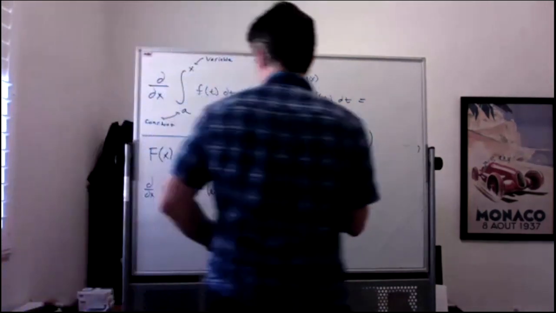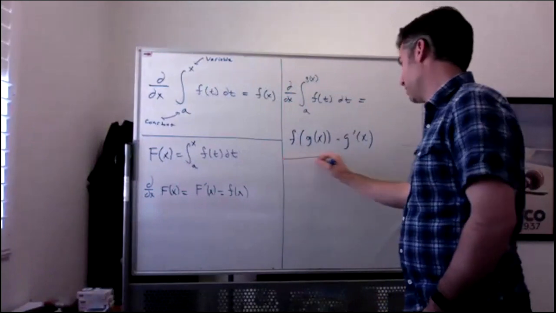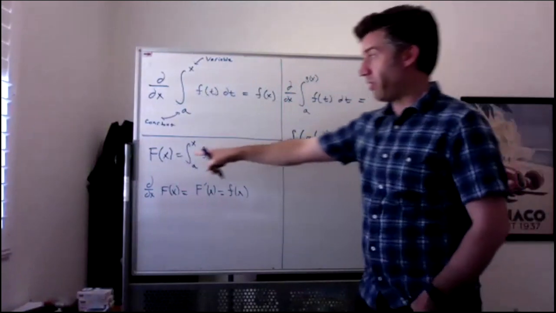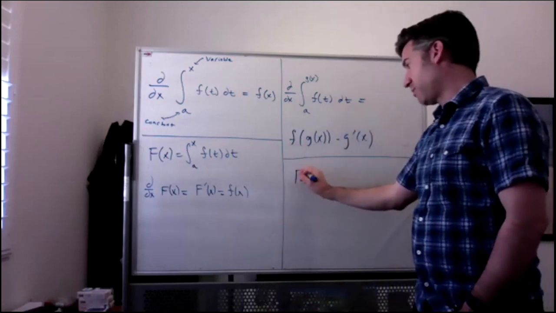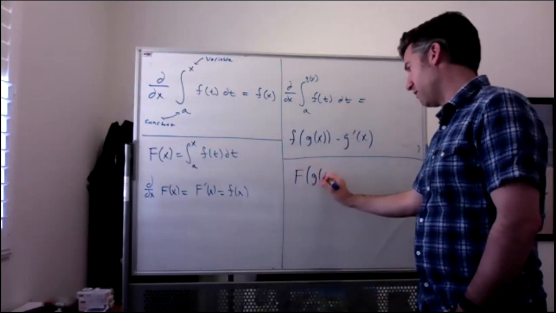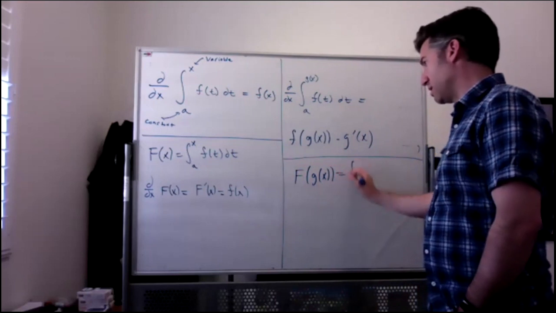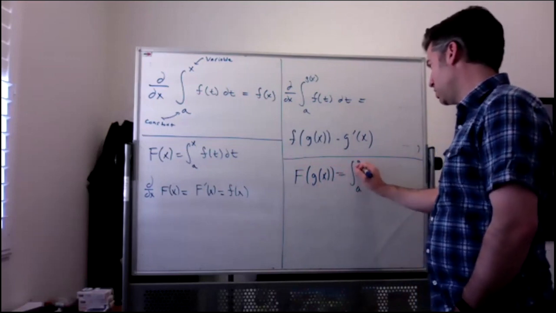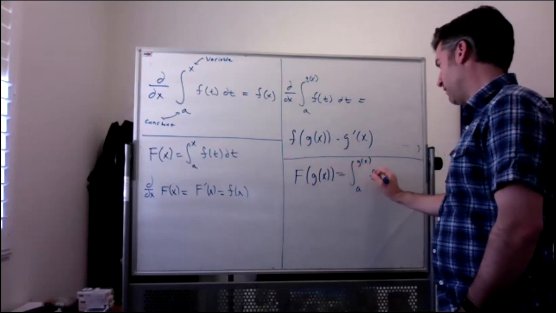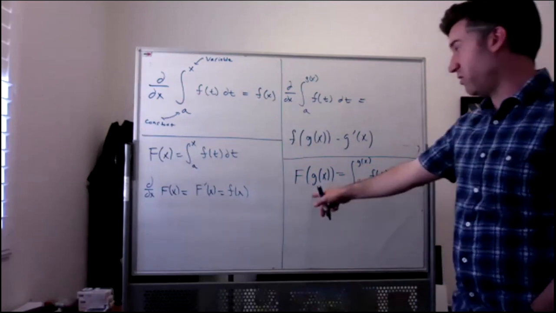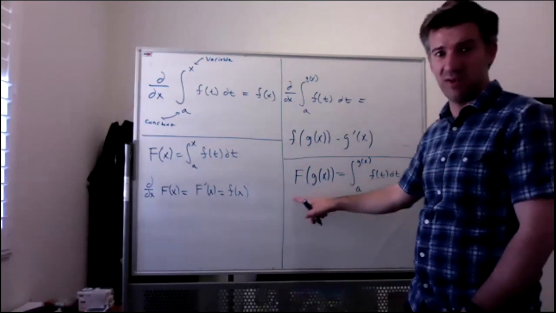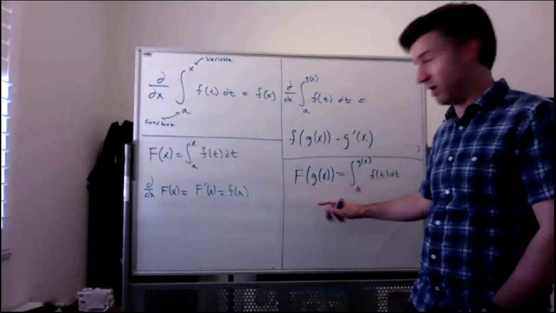Well, we can do the same thing for the chain rule, right? I'm going to plug in a g of x for x. So I'm going to say capital F of g of x is the integral from a to g of x of f of t dt. And then if we take the derivative here, I know how to take the derivative of a thing like this.